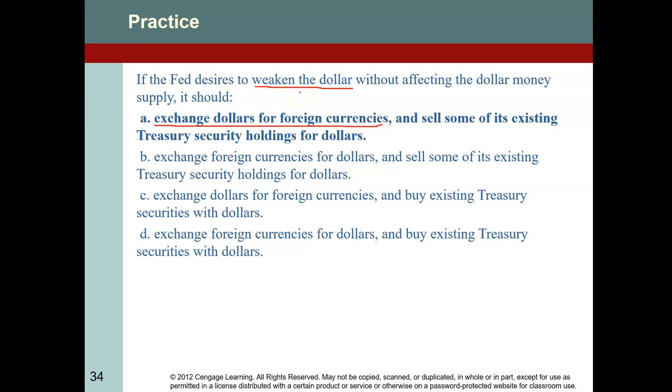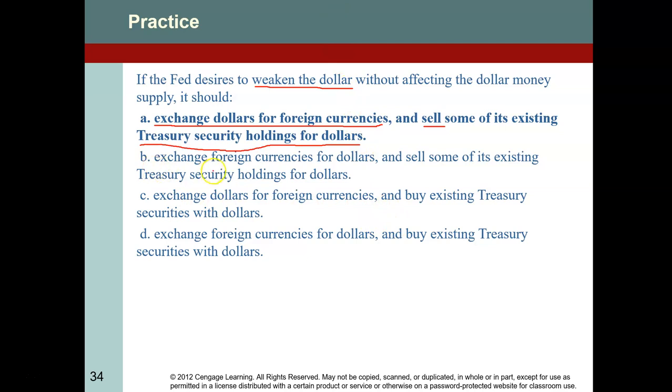But at the same time, the dollar reserve in the Fed will decrease. So in order to recollect dollars back, we're going to sell some of the existing Treasury security holdings for dollars. So we have dollar reserves increase. We can have dollar reserves back.